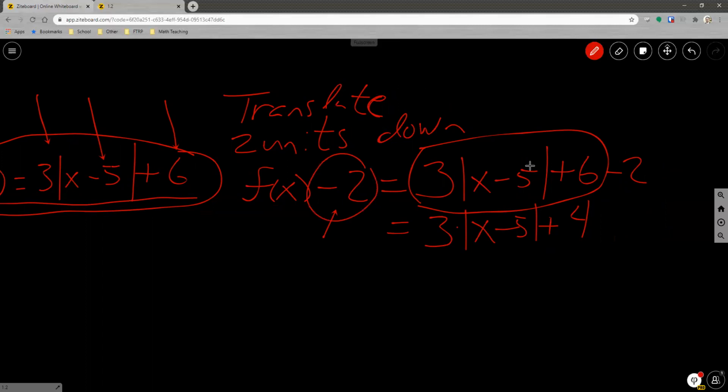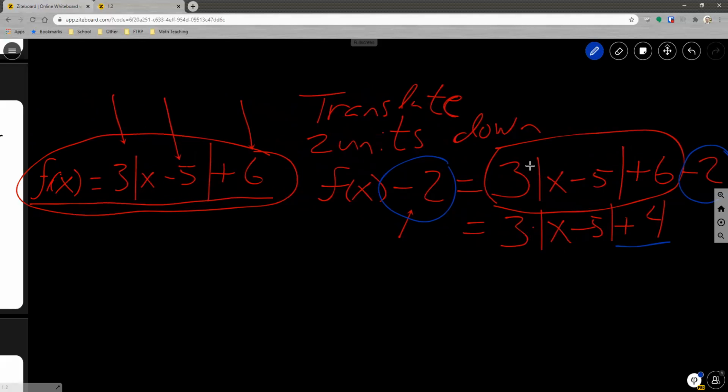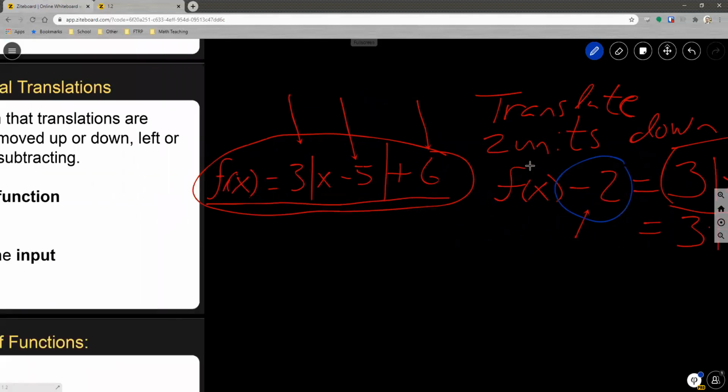I'm subtracting 2 from it, so I subtract 2 from that side. Positive 6 minus 2 gives me positive 4. So that's my new function. I took the original function and subtracted 2 from it to translate the whole graph down by 2.